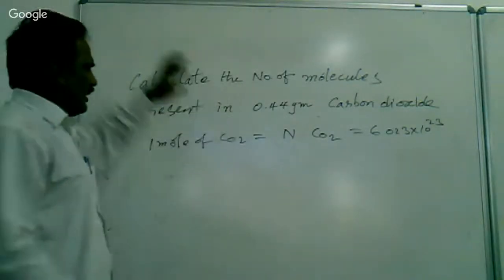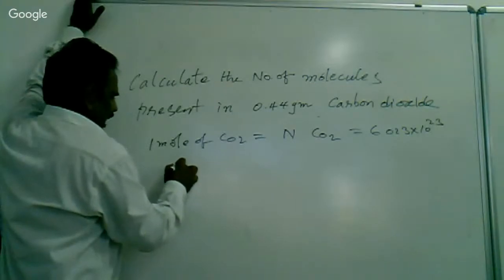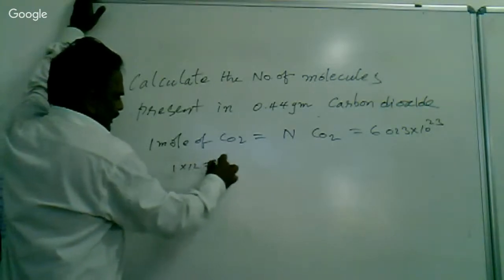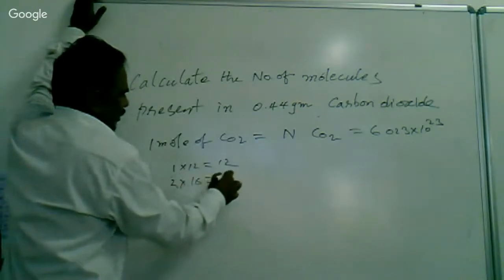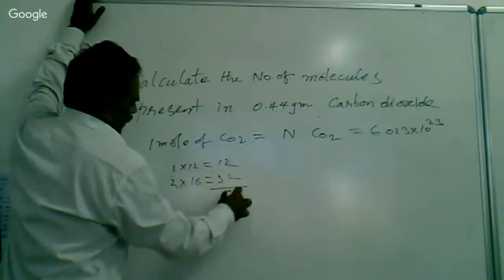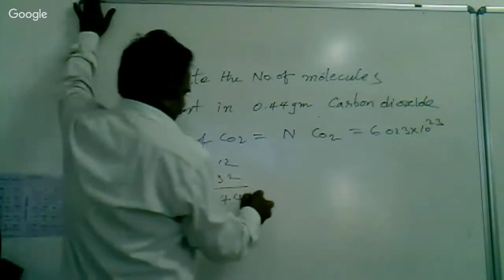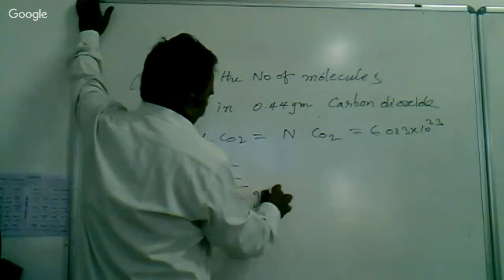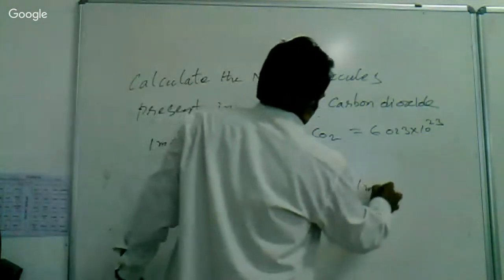So as we know, the molecular weight of CO2 is 1 carbon, 1 into 12, 12, and 2 oxygens, 2 into 16, which is 32. And so the molecular weight of CO2 is equal to 44. So it means 44 grams of CO2 is equal to 1 mole.